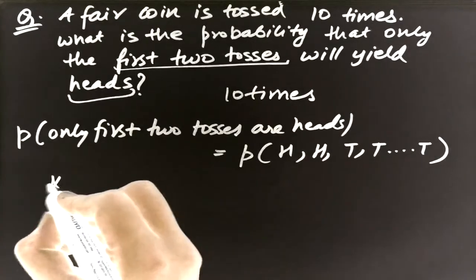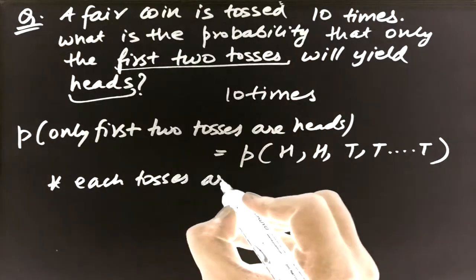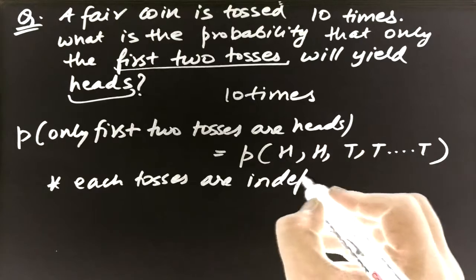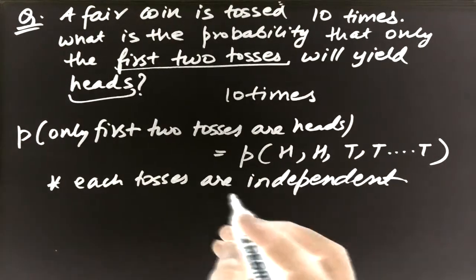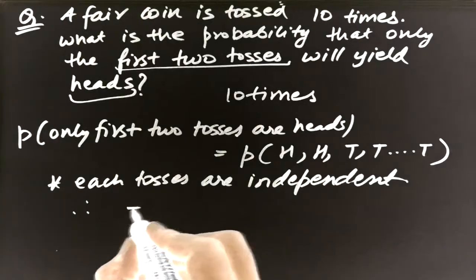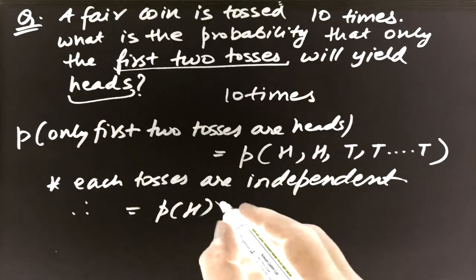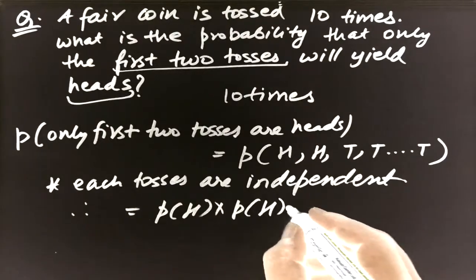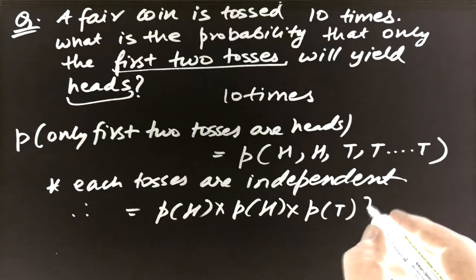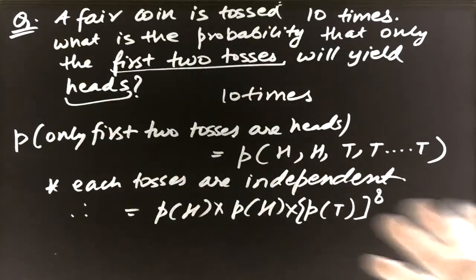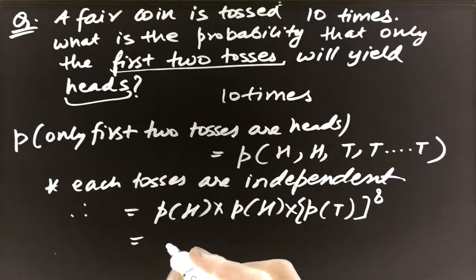Now again, each toss is independent. Therefore the required probability will be the probability of head, probability of second head, then probability of tails up to 8 times.